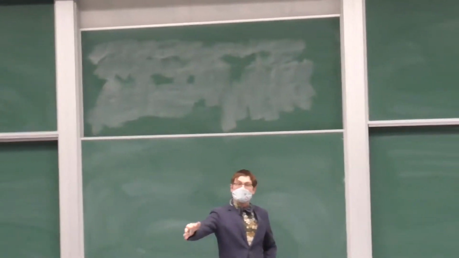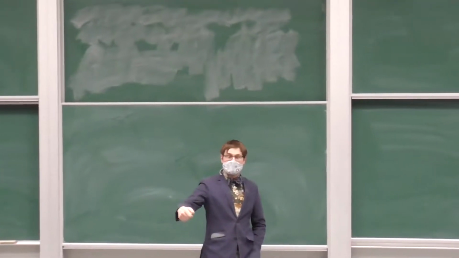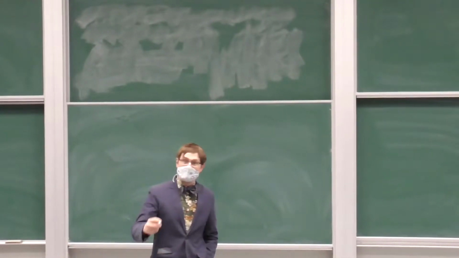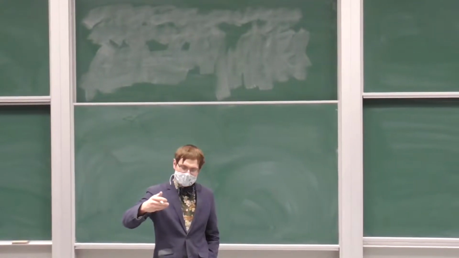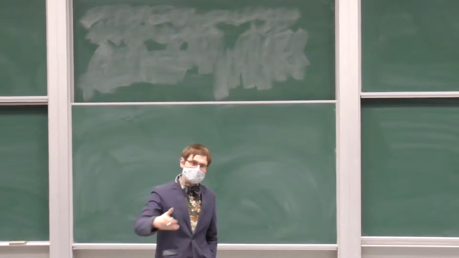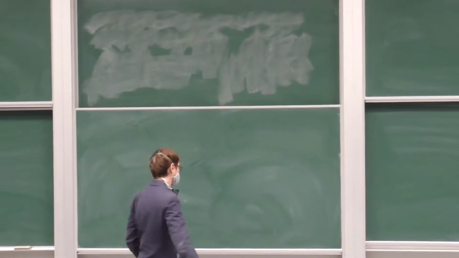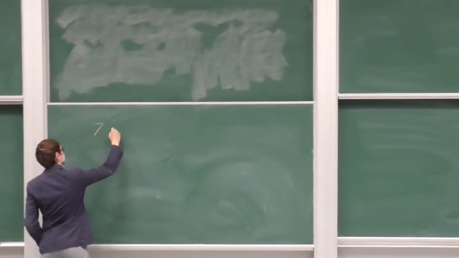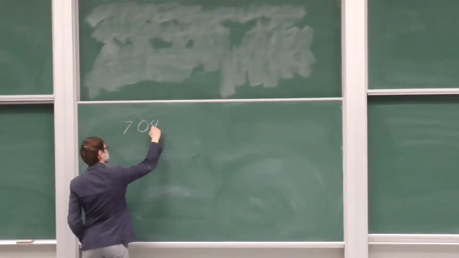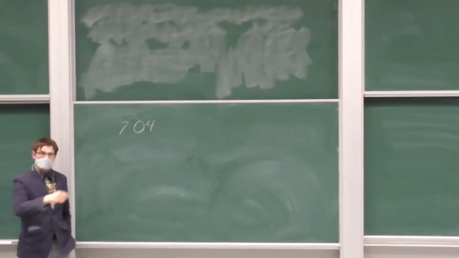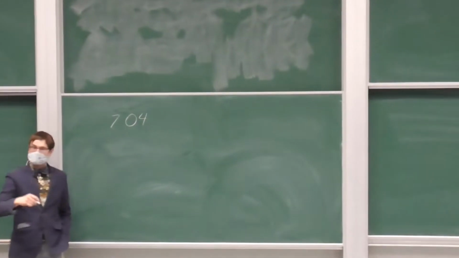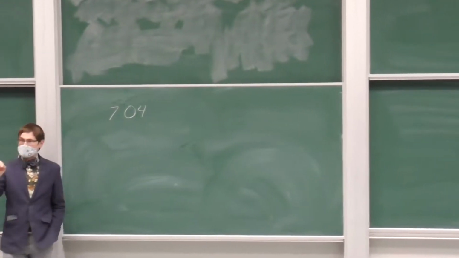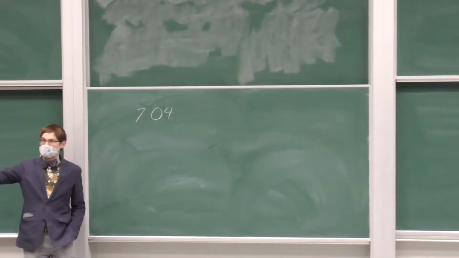In order to understand how binary numbers work, let's review how ordinary numbers work, right? So, using Arabic numerals in standard decimal notation, if you have a number like, say, 704, we interpret each one of these digits according to their placement in the number as being associated with particular powers of 10.